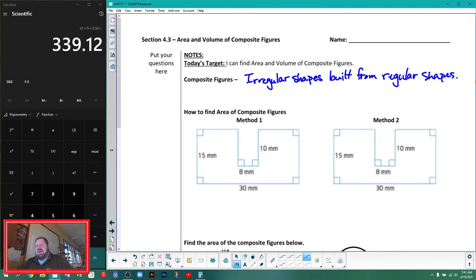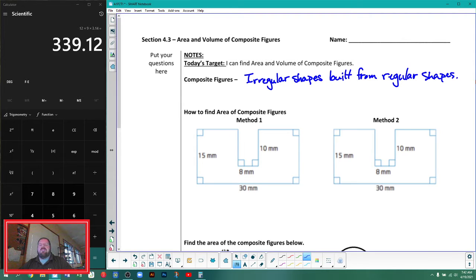So when we're finding area, a lot of times there's more than one way to do it, and it's up to you which method you prefer. When I look at this one, I think of two different ways. I'm not going to say one way is easier than the other, because I don't think they are.